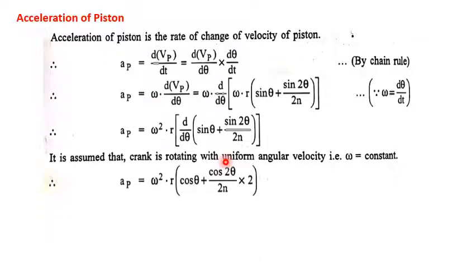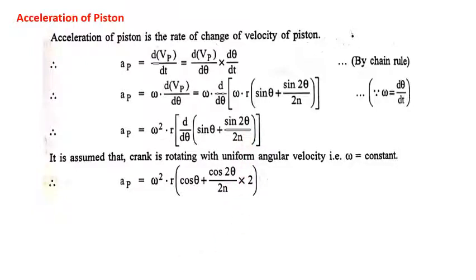So in the above equation, if we consider omega as a constant, it comes out of the differential. Therefore omega square into r, then differentiation of sine theta is cos theta, and differentiation of sine 2 theta is cos 2 theta into 2, divided by 2n.